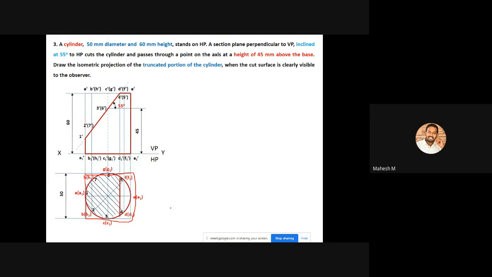And also with that, you can mark the square with the notations P of P1, Q of Q1, R of R1, S of S1. Please look at our condition: draw the isometric projection of the truncated portion of the cylinder when the cut surface is clearly visible to the observer. You have to note this point, it is clearly visible to the observer.